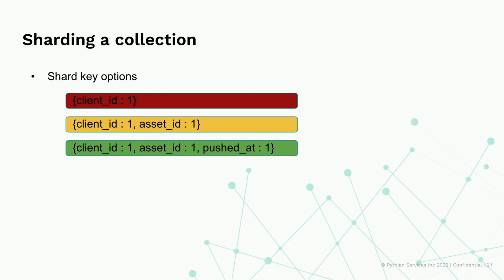And so this shard key has very high cardinality and relatively low frequency, even though some of the assets might be pushing a lot of data if they are more active compared to others. Some assets might be very active, some others might not be. But this shard key is more ideal than just partitioning by client ID and asset, or just by client ID.